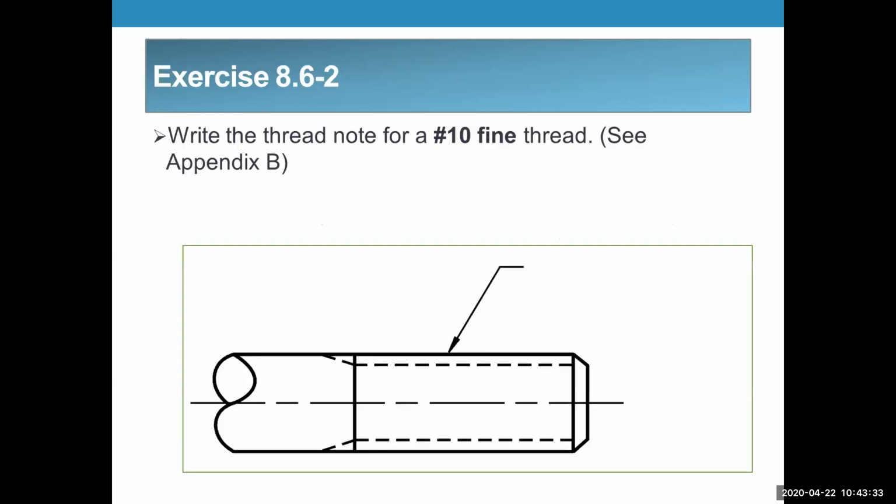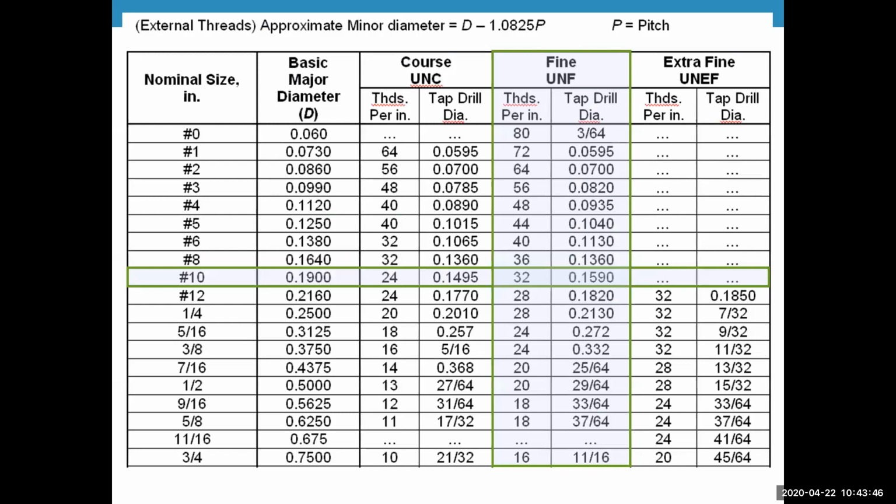So anyway, here's the exercise for writing a thread note for a number 10 fine thread. What they want you to do is look up Appendix B and find this page in the book, which I don't know that you really have to do, but you can see the number 10 is highlighted here.